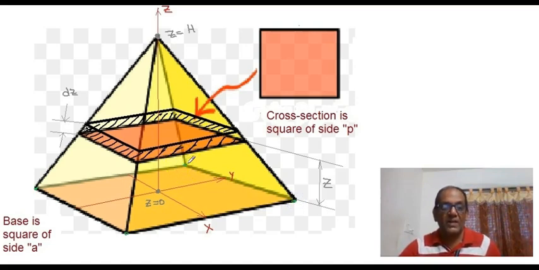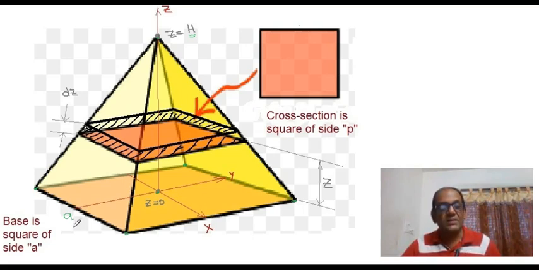This pyramid has a height h, that is the perpendicular distance from the apex here to the base is h. The side of the base square is a, given over here. So this object is called a square pyramid.